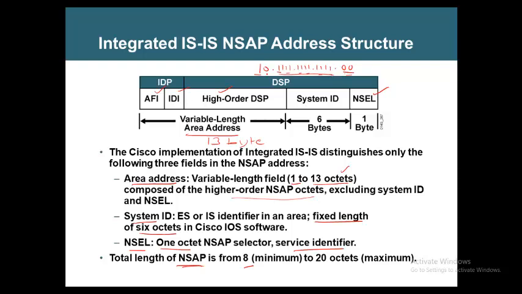N selector 1. And for area, at least you should have 1 byte. That's the minimum. You can go up to 20 bytes. That's the maximum. Depending on the application that you develop, you may use different sizes. But for routing and switching, guys, 1 byte is enough to identify the area. 1 byte itself is what? 256.